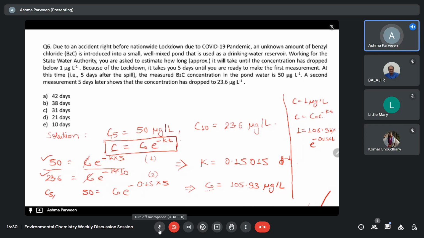By linearizing this, by taking the log, log of 1 upon 105.93 equals minus 0.15 t. We will solve this and get the time as 31.05 days. So the correct option will be C, 31 days.